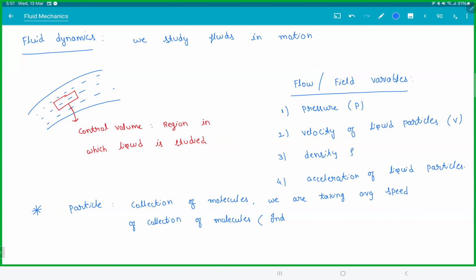Individual molecules have different speeds. What we are always talking about is the average. So when you say the speed at this point is v, we are not talking about one single molecule there. We're talking about the average speed of the molecules that reach there.